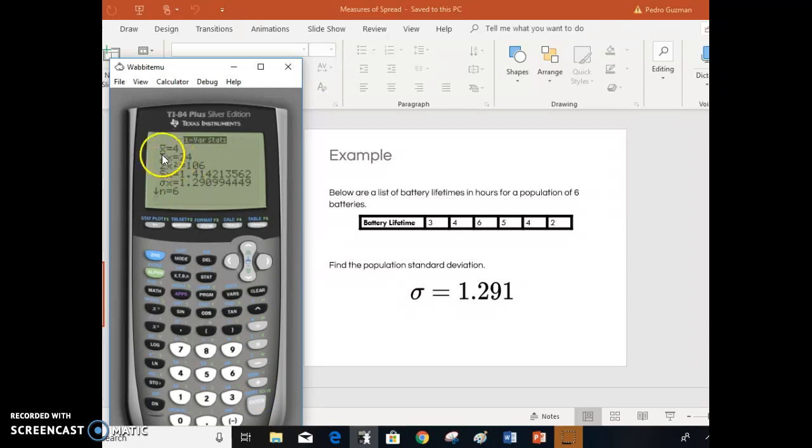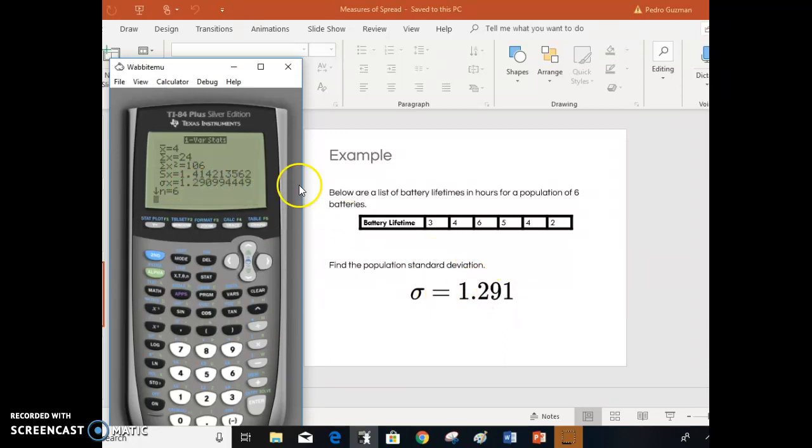And we see first off our mean is 4, but we are actually interested in our standard deviation. So again, there are 2 standard deviations. There's a sample standard deviation, the Sx, and then lowercase sigma x, which is our population standard deviation. The question asked us to find the population standard deviation. So if you look, the population standard deviation is 1.29099.